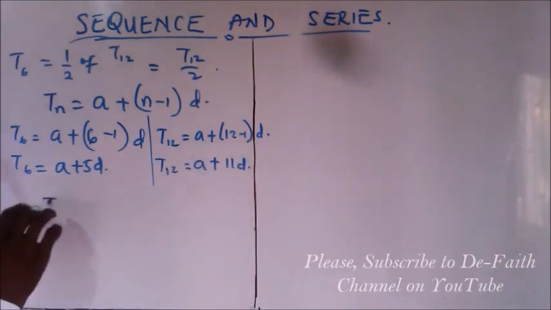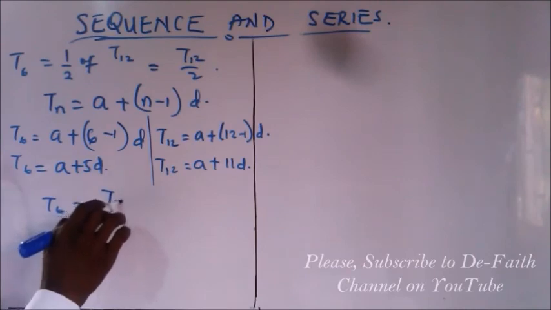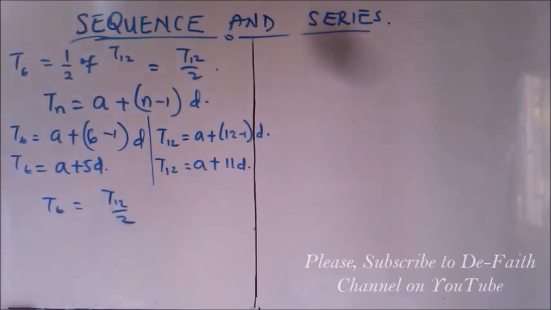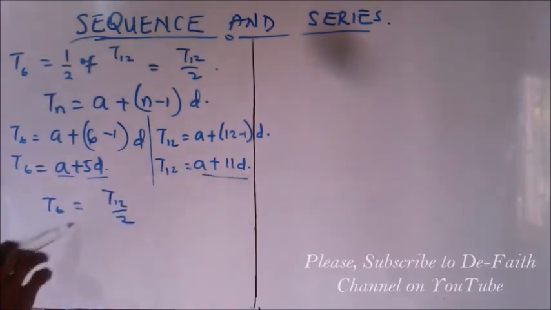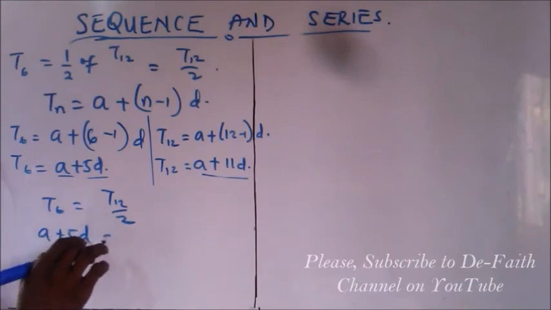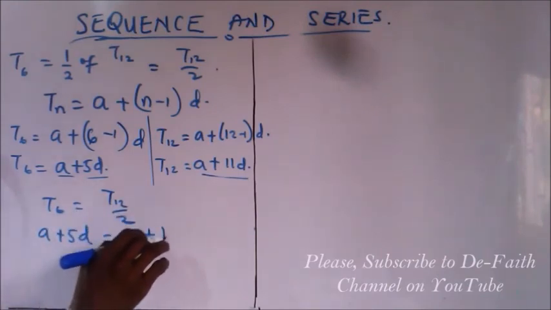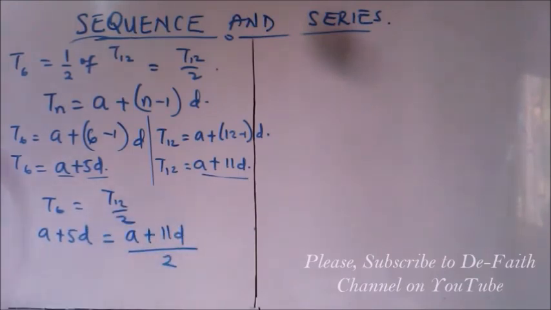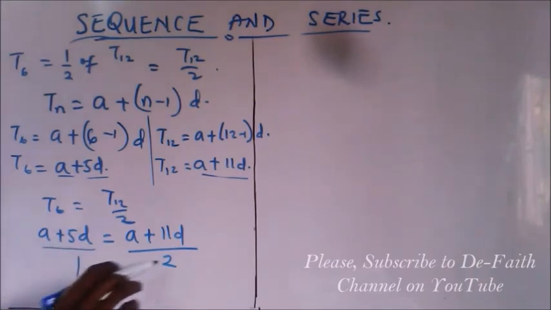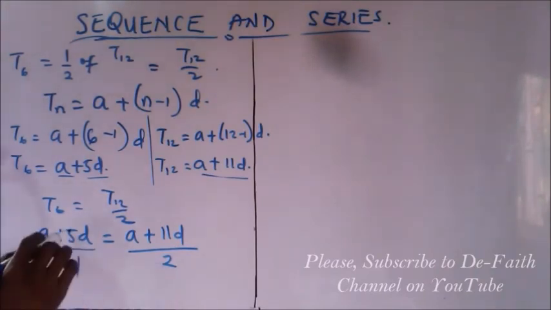Since we have that T6 equal to T12 over 2, we could substitute this into this fraction, and that gives us A plus 5D equal to A plus 11D over 2. With this, we'll cross multiply, and so 2 comes here.